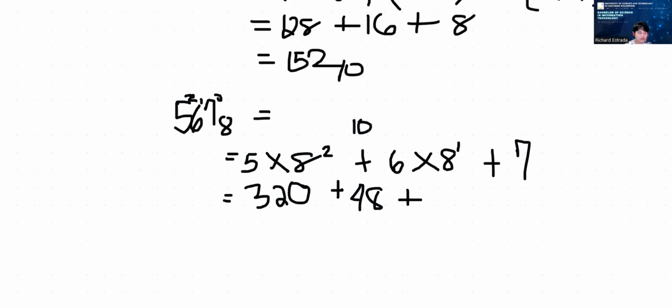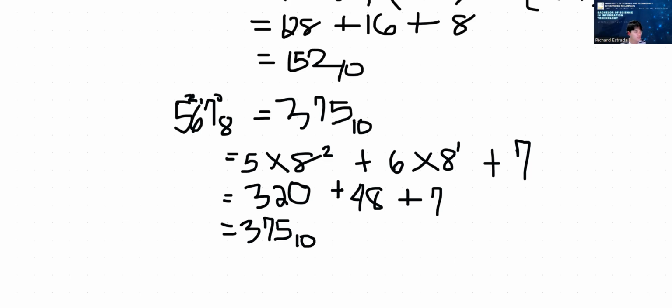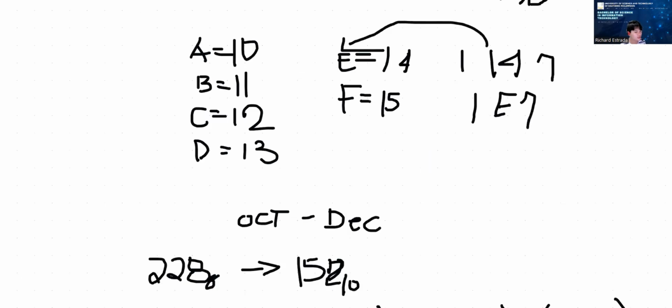So 320 plus 48 plus 7 is equal to 375. So 567 octal is 375 decimal. Pretty basic. That is how you convert octal to decimal.